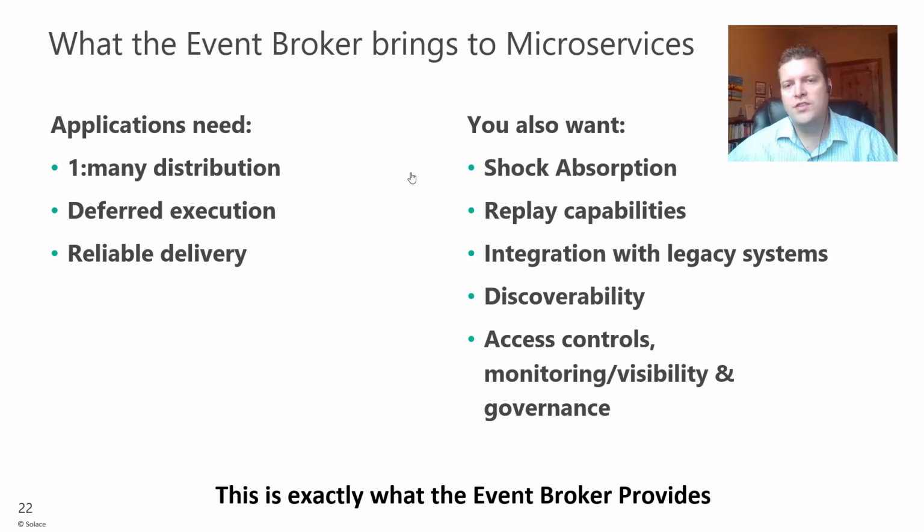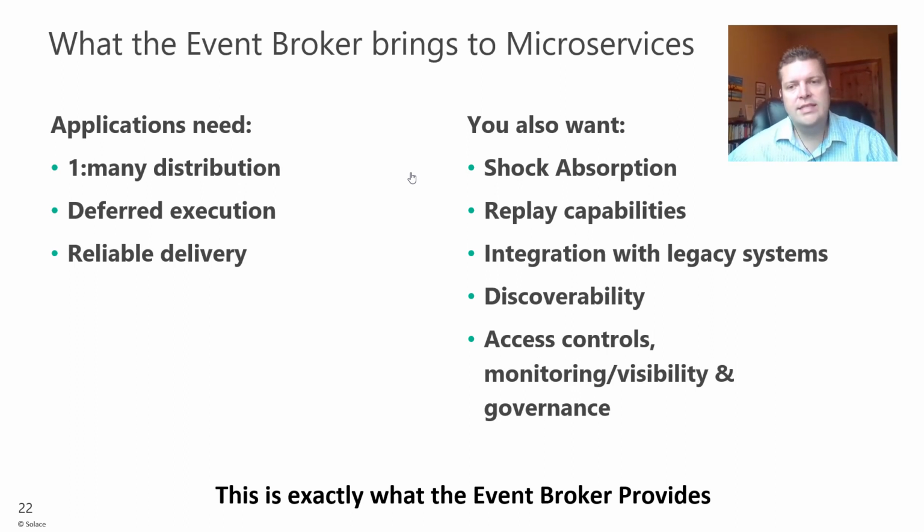But you also want things like shock absorption, and we'll walk through an example of that coming up. You need replay capabilities. When downstream systems fail, you need to be able to reconstitute state. Then you can replay all the events that have happened in order to recompute that state.